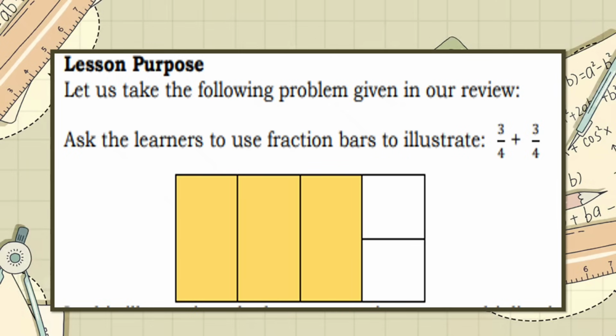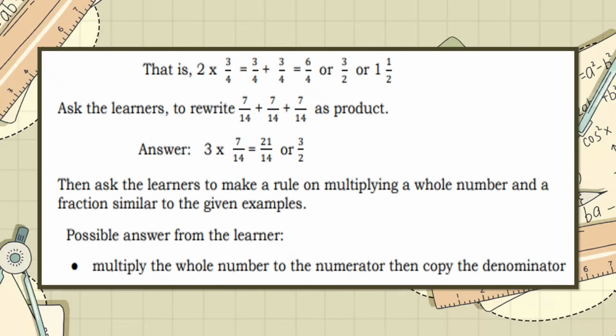Okay, so this time, let us take the following problem given in our review. You're going to use fraction bars to illustrate 3/4 plus 3/4. So now we use this illustration. So that is 2 multiplied by 3/4, which is equal to 3/4 plus 3/4, or 6 over 4, or 3 over 2, or 1 and 1/2.